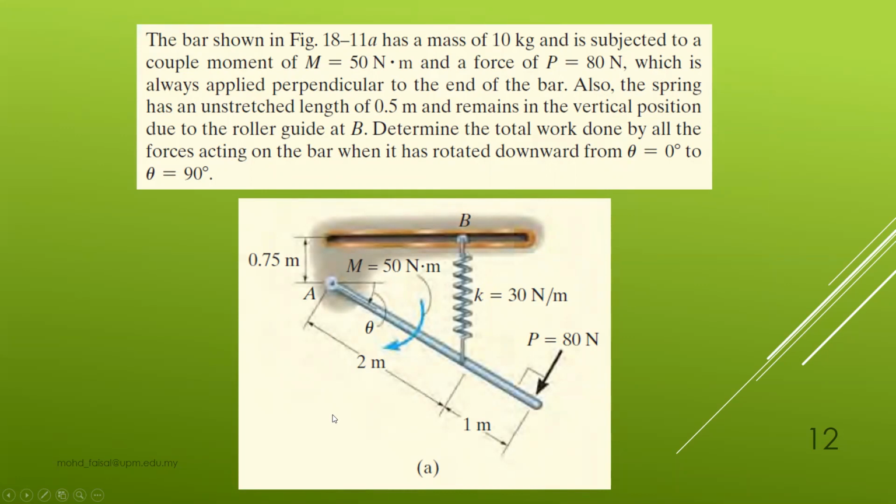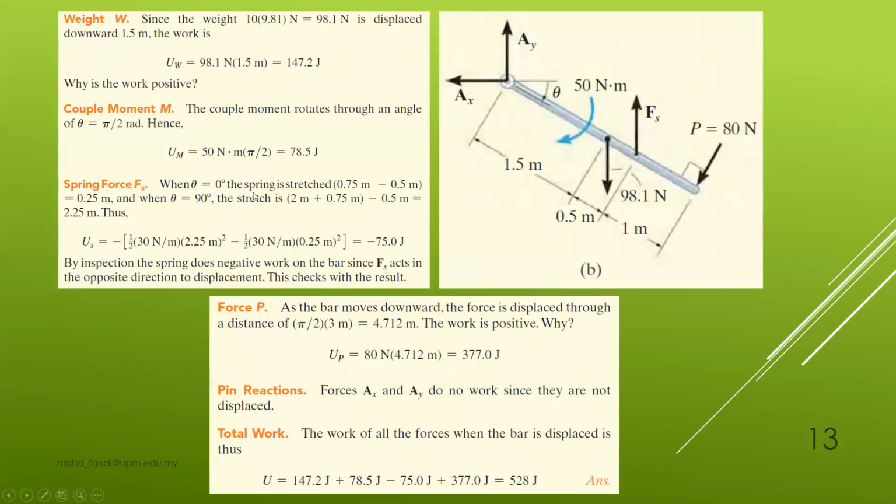And this particular position, if you measure from this point, it is 2 meter plus 0.75. And of course, you plus the 0.75, but remember that the unstretched length is 0.5, so you have to minus that one. So it becomes 2.25 meter.